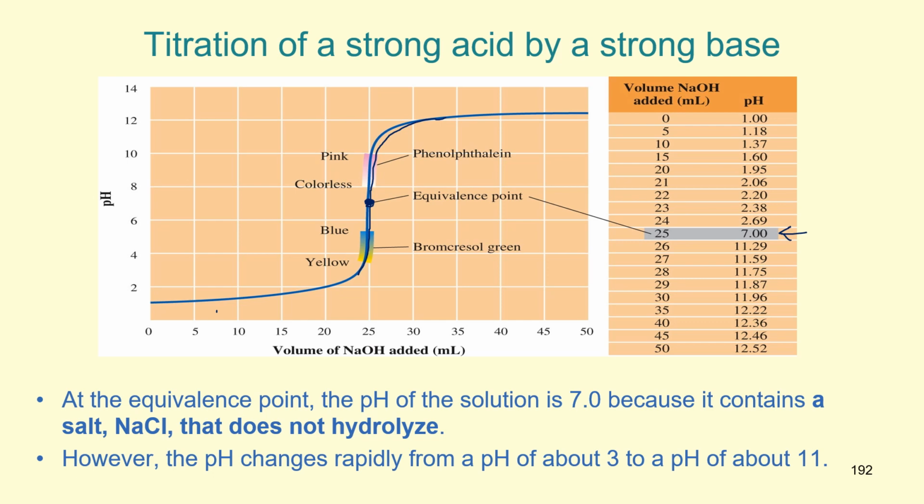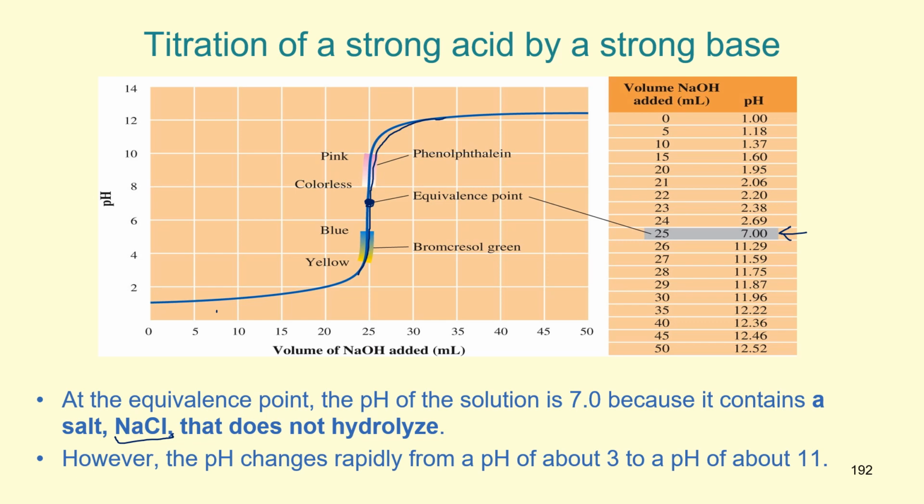With a titration of a strong acid and a strong base, you can use phenolphthalein as a good indicator. Bromocresol green is a good indicator. Anything that changes in the steepest part is fine. Again, it has a pH of 7 because the salt that is formed does not hydrolyze. This is what it looks like: a strong acid, strong base.